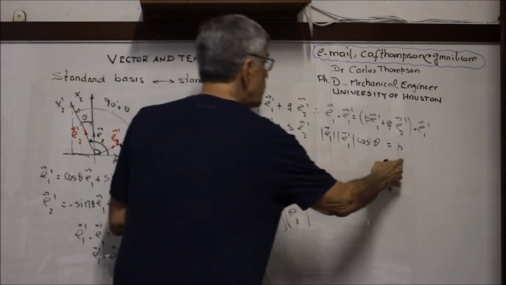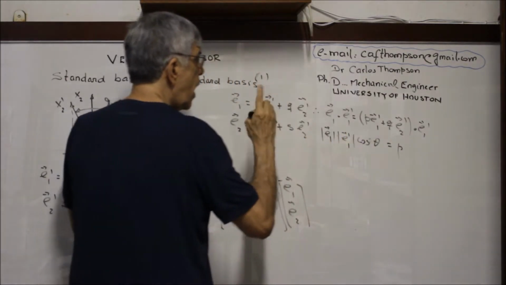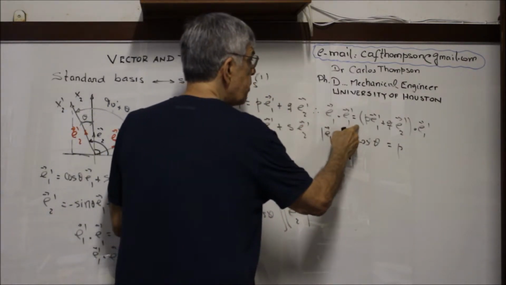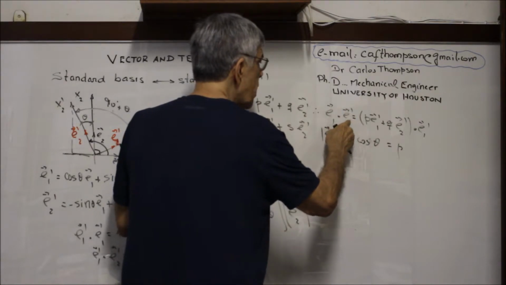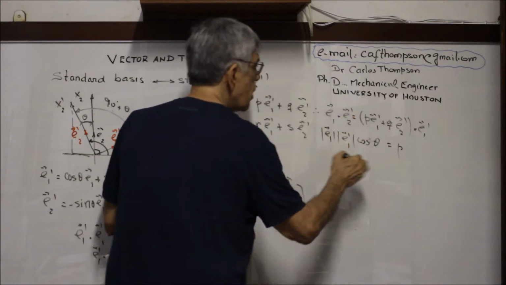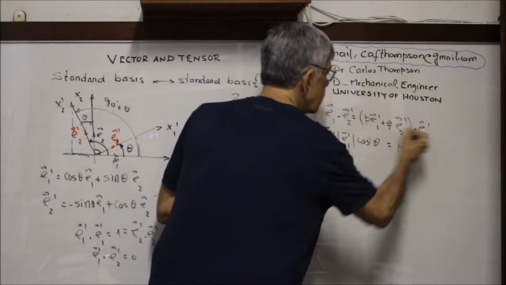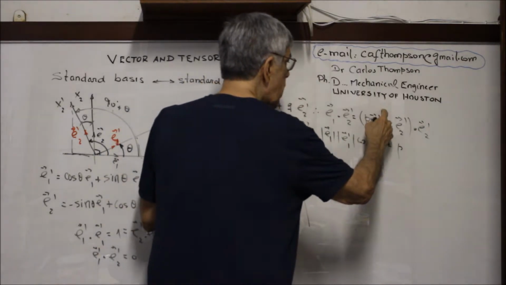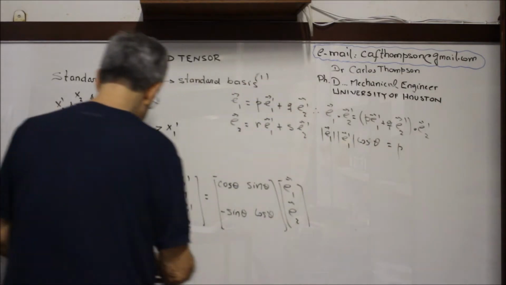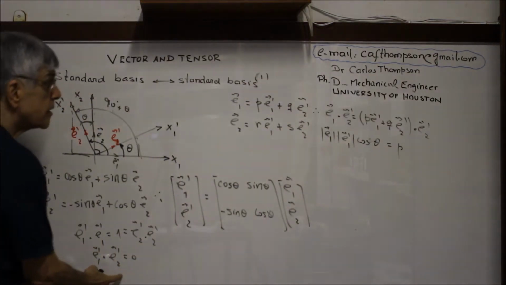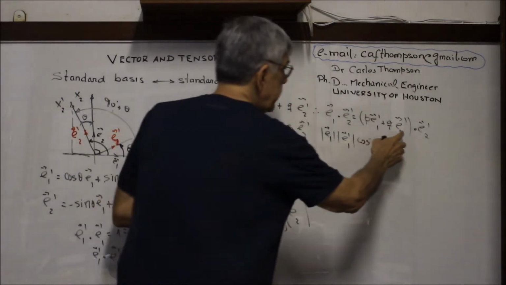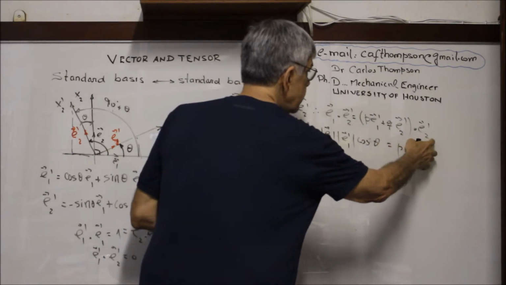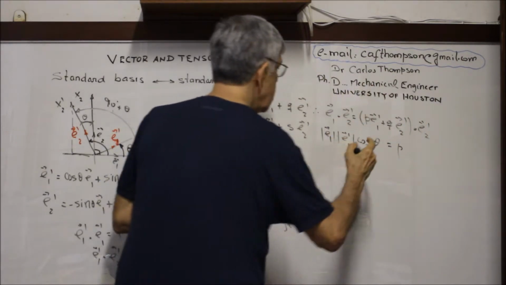Now to obtain Q, I just multiply both sides by E2 prime. E1 prime dot E2 prime will be 0. E2 prime dot E2 prime will be 1.